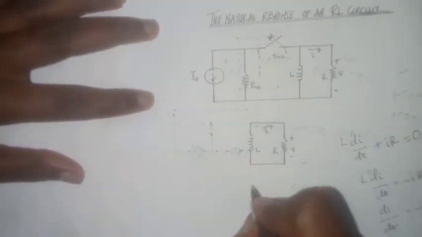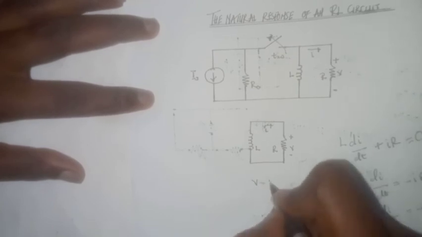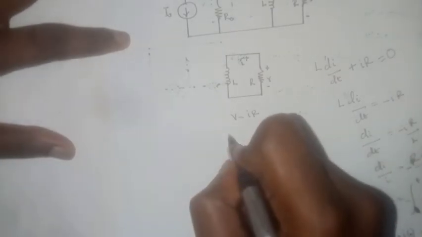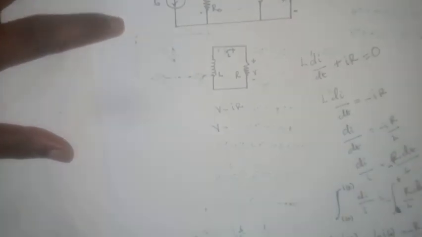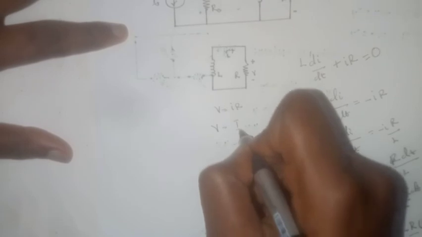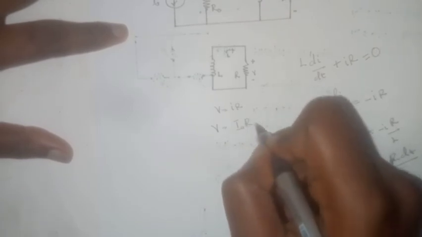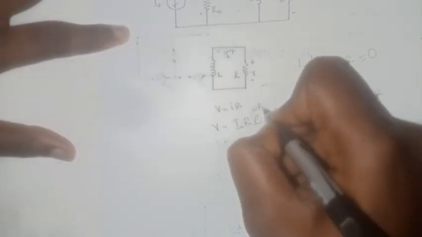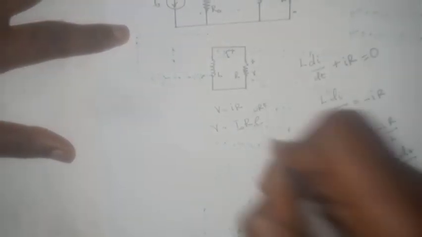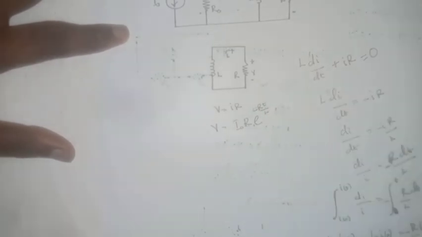And with that, we can easily say that the voltage across this resistor at any point in time, v, which is equal to iR, is then equal to v equals I naught multiplied by R e raised to power minus R t over L.